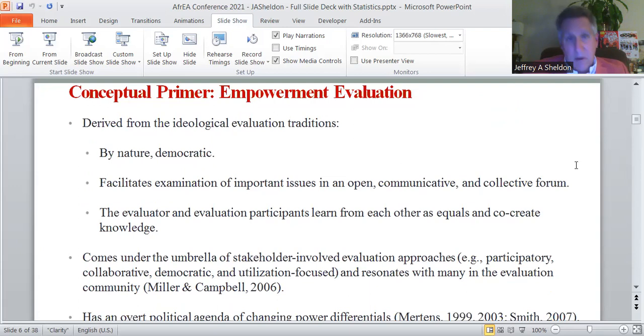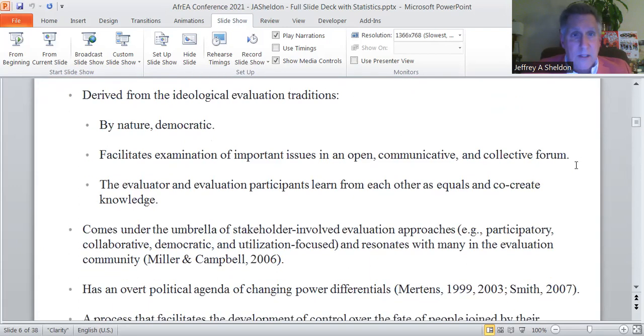Okay, empowerment evaluation. As I said, my value orientation, my values, are grounded in social and clinical community psychology, and so empowerment evaluation is in fact grounded to a very large extent in community psychology, and so it's ideological in nature.